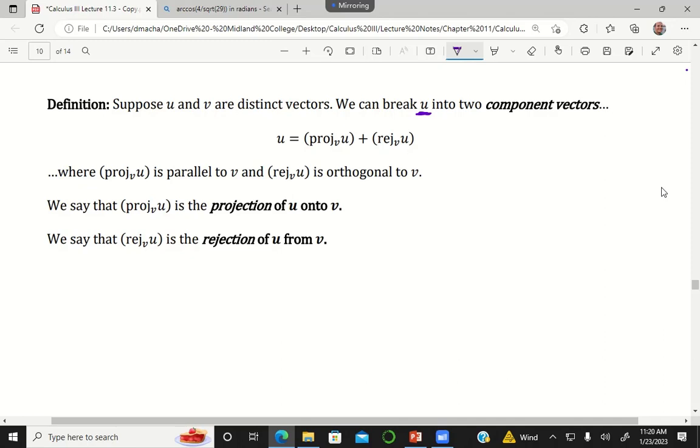This is going to be some kind of silly notation, but if you see the abbreviation proj, that stands for projection. This little subscript v is referring to my vector v, and then this u is saying altogether the projection of u onto my vector v.